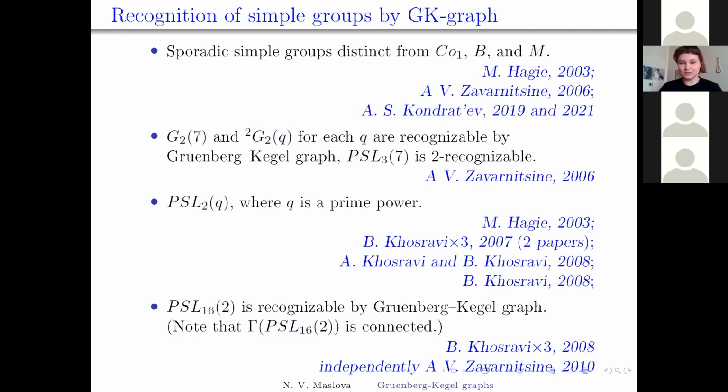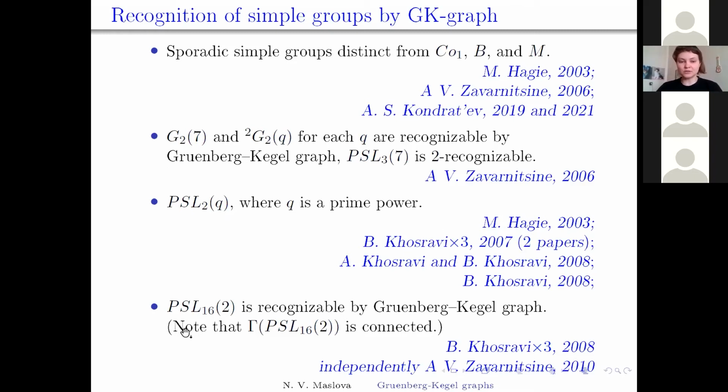And groups PSL2(q) are investigated almost completely. There are distinct examples. Sometimes they are recognizable, sometimes they are co-recognizable, and sometimes they are unrecognizable.